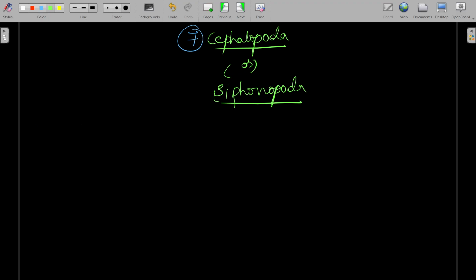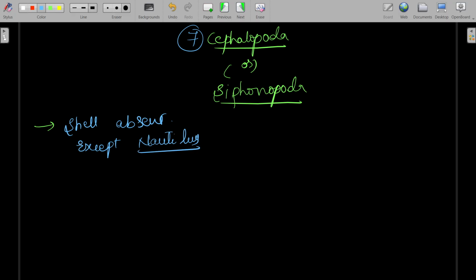In these organisms, the shell is absent in all the organisms of Cephalopoda except Nautilus.